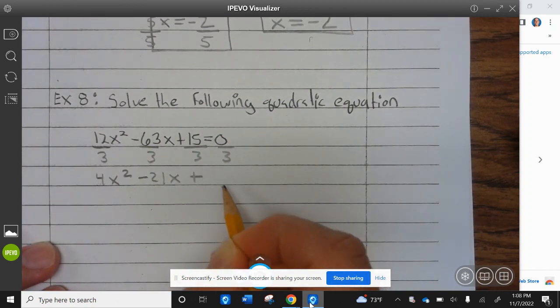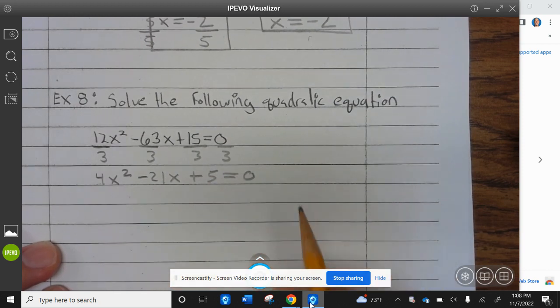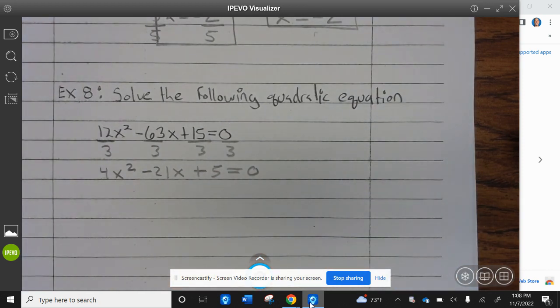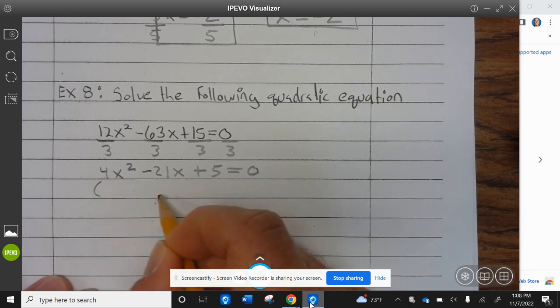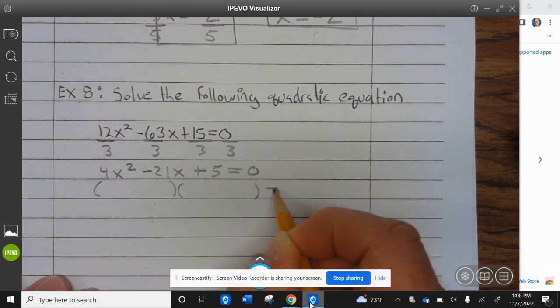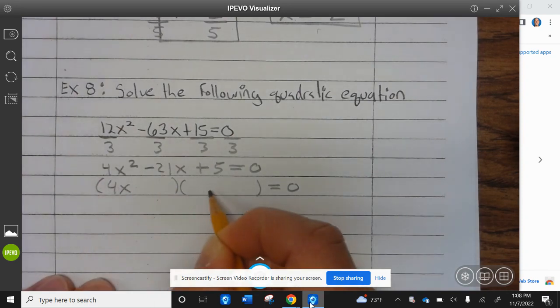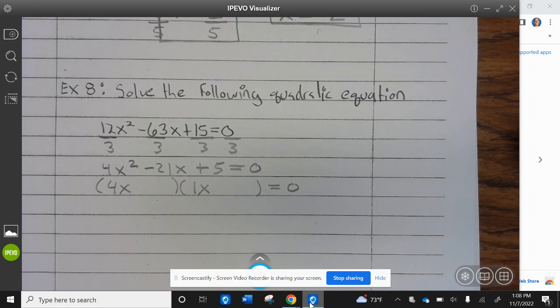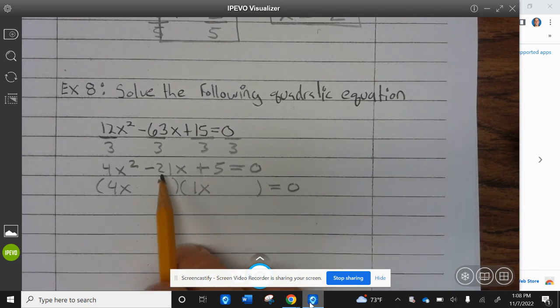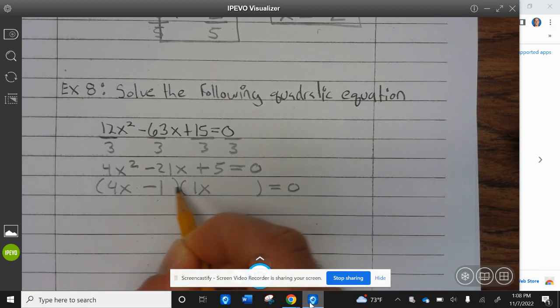And then 15 divided by 3 is plus 5 equal to 0. So 2 parentheses. Now, to get 4x squared, we're going to multiply 4x times 1x. And in order to get a positive 5 combined to be negative here, we're going to multiply by a negative 1 and a negative 5.